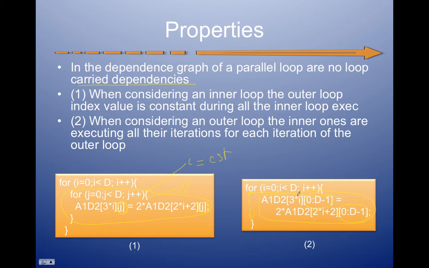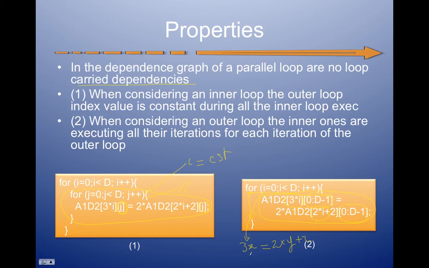And then the question is: are there two values of i, 3x, one value of i, for which I have equality with 2 times another value of i, y, plus 2?